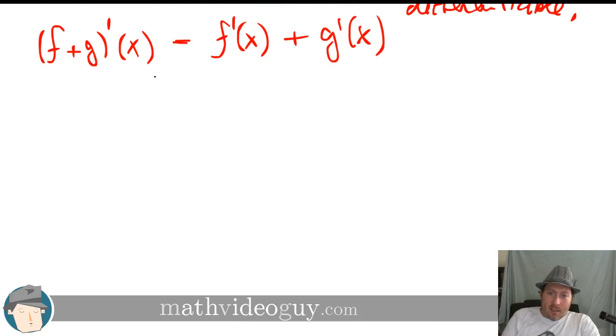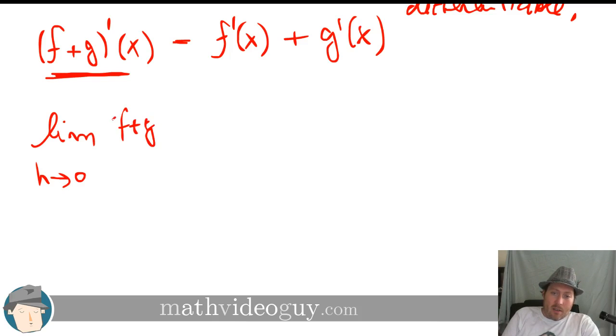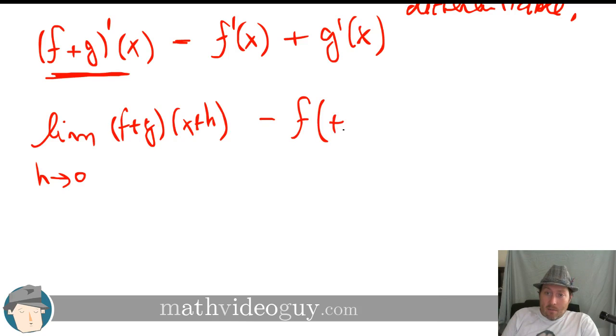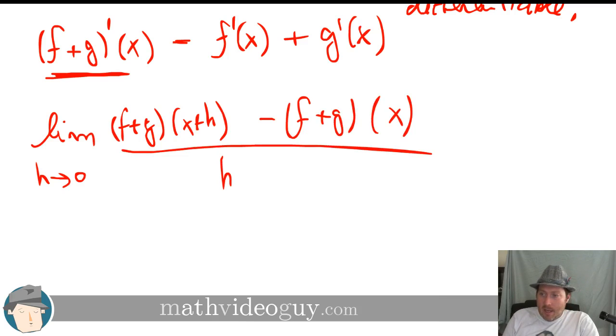Let's write out the definitions of the derivatives for these functions. So here up top, for this side, we'd have the limit as h goes to 0 of (f plus g) of x plus h minus (f plus g) of x, divided by h.